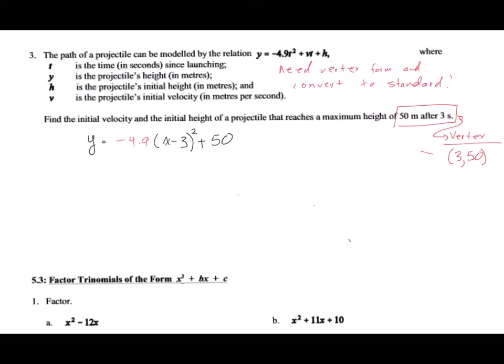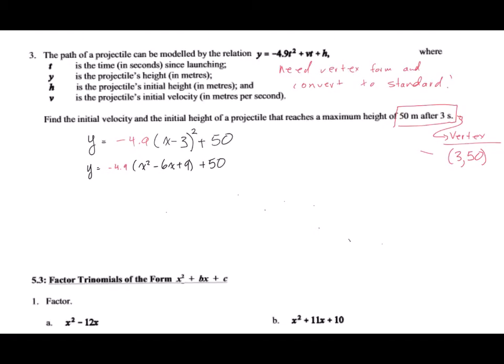So we need that in order to do most of our calculation. So that's our a value. So now let's expand this, because we're going to change it to look something like our original equation up top. So we have (x minus 3) squared, which when we simplify is going to be x squared minus 6x plus 9, and that's plus 50.